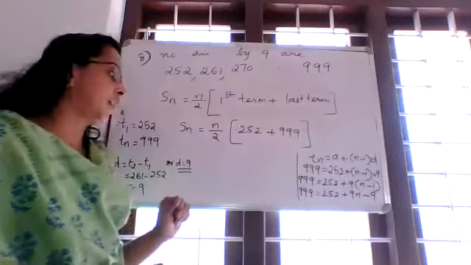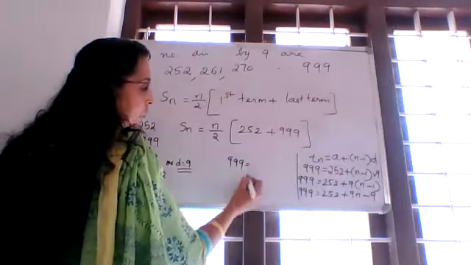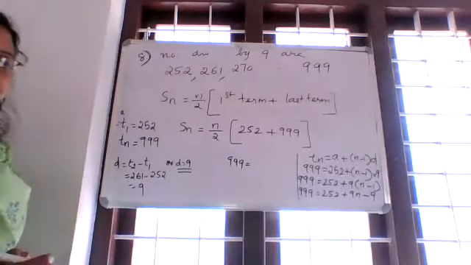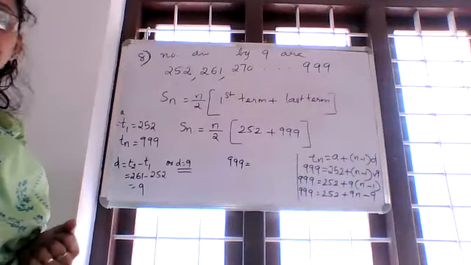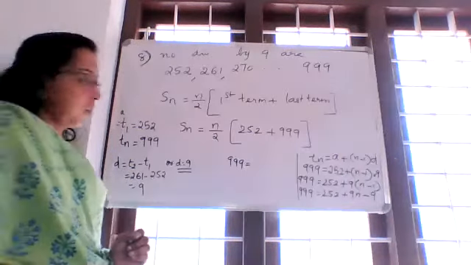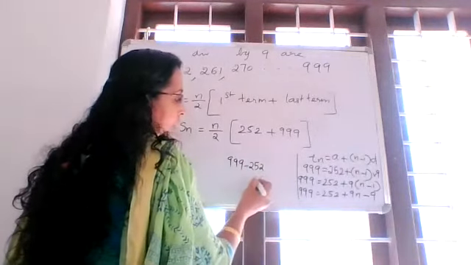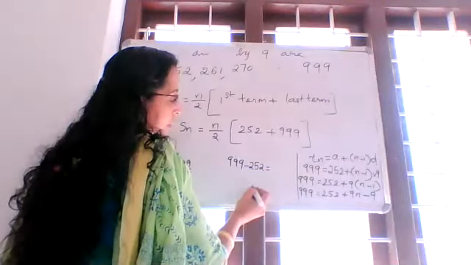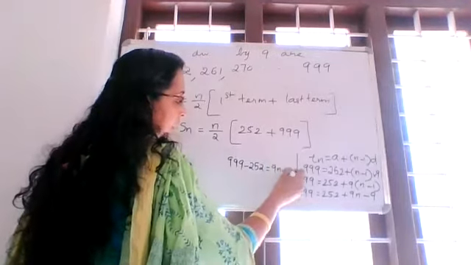Then solve. 999 is equal to 252 minus 9 plus 9n. 999 minus 252 is equal to 747.